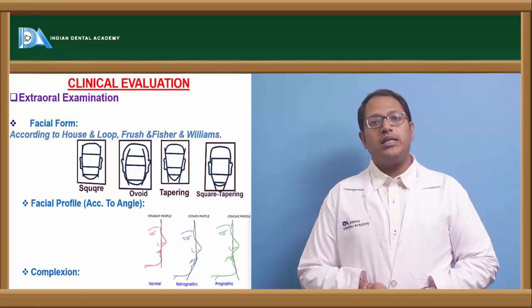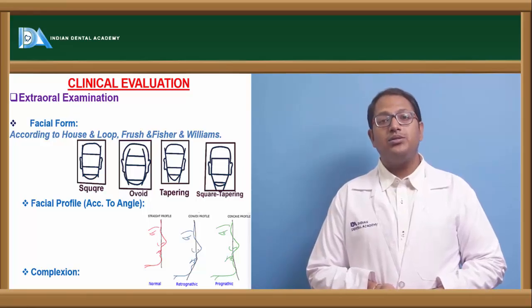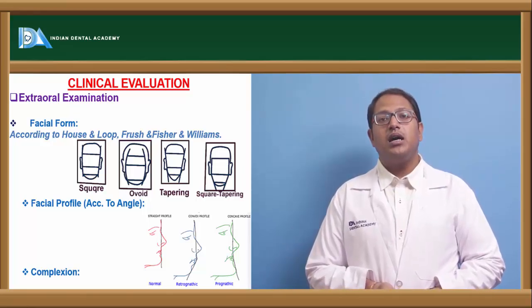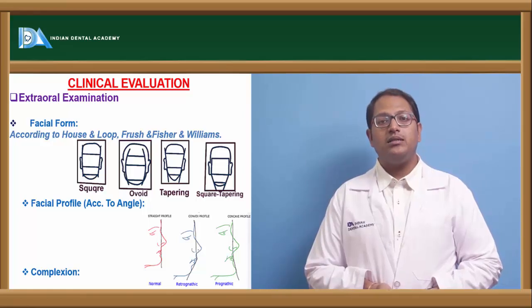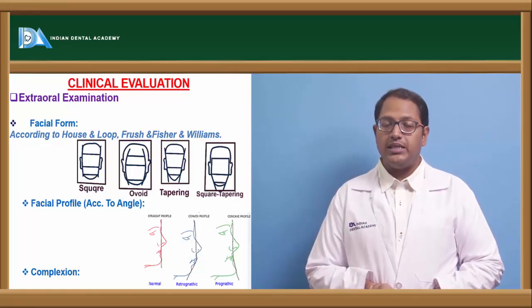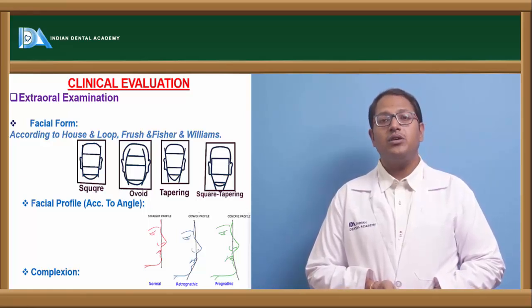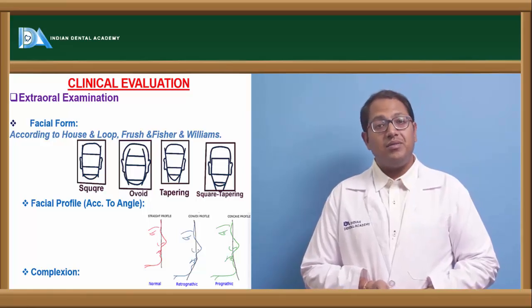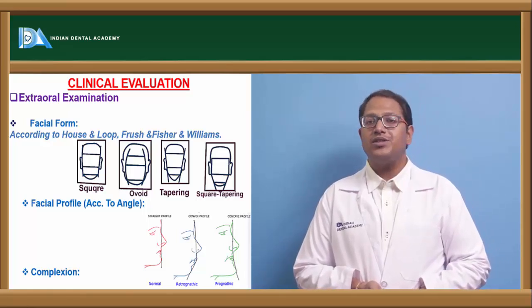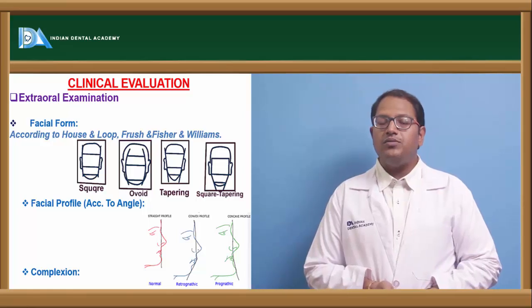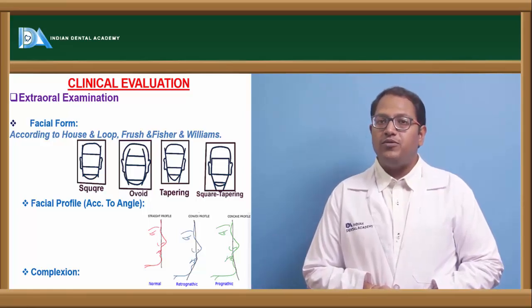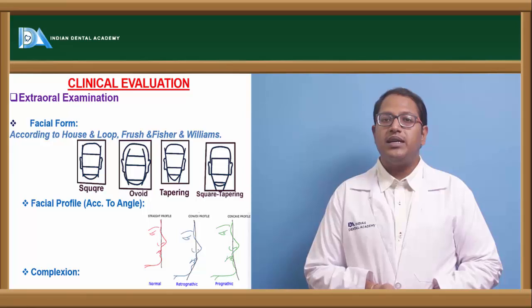One more important thing regarding dental history that you need to ask the patient is how long the teeth have been out of his mouth, basically the edentulous period of that particular patient, and also the reason for the edentulism. If the patient lost teeth because of caries, that is not a very difficult problem for us in determining the prognosis.